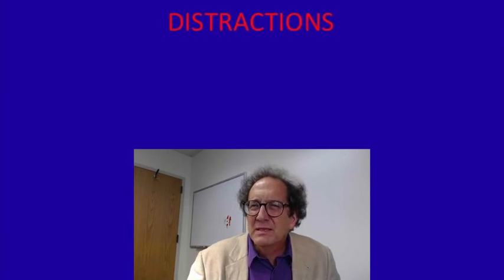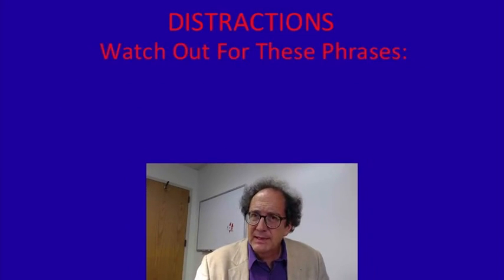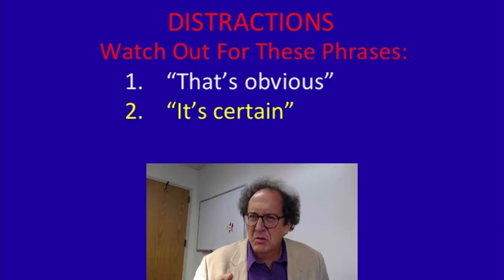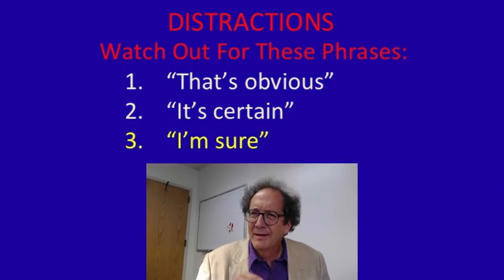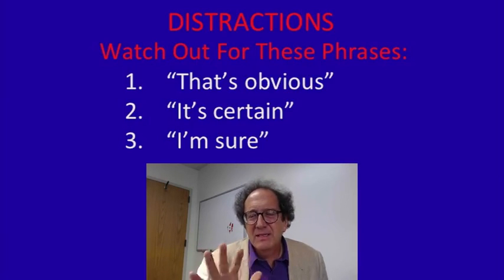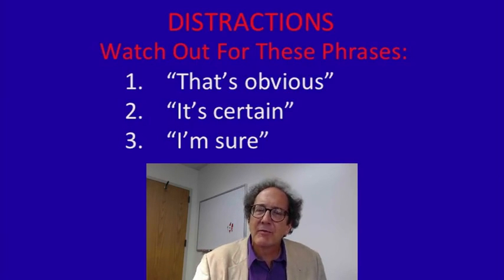When something really is questionable, they often say, well, that's obvious, in order to get you to not pay attention to it. So when someone says, that's obvious, it's certain, I'm sure, it's worth looking carefully at what they're so sure about and asking yourself whether you agree with them. Because people try to paper over the cracks in their arguments with these assurances, at least in some cases, and you have to learn to watch out for that.